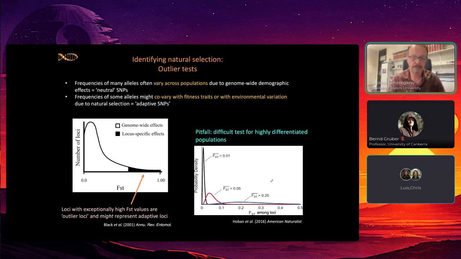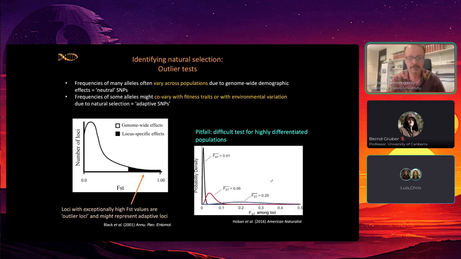They have very different distributions of FST and very different average FSTs, from 1% to 25%. The problem when you have highly structured populations with high FST is that there is high variation in FST among different loci.